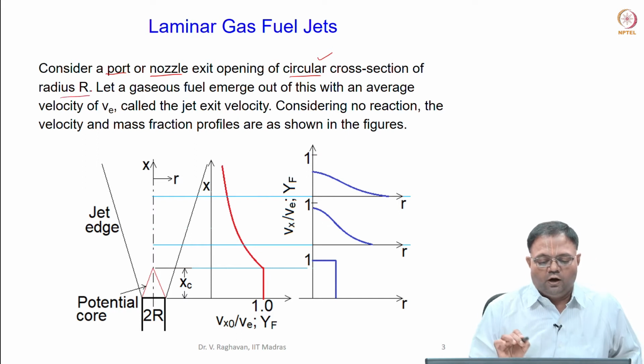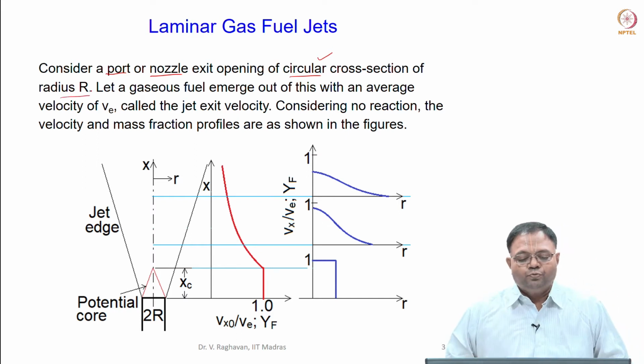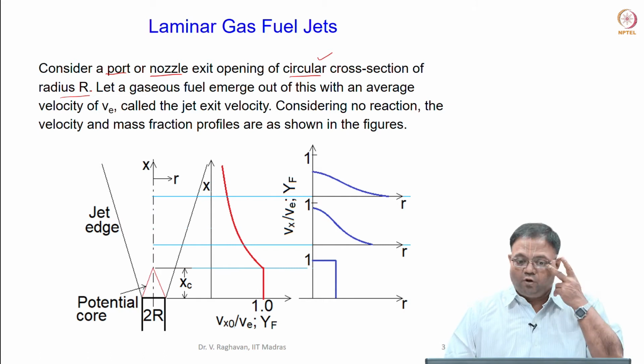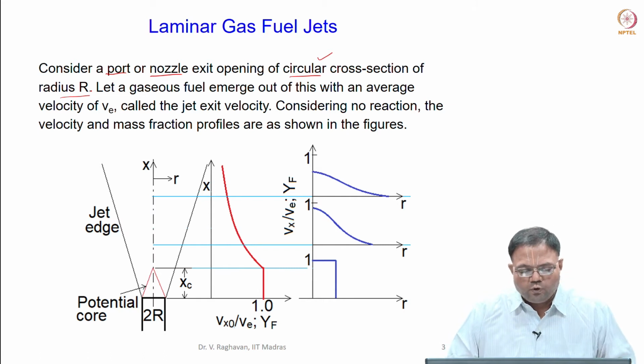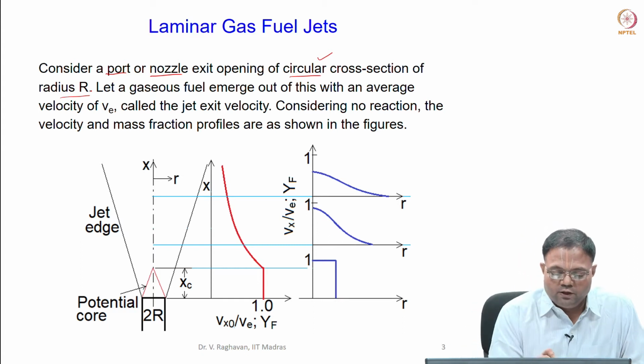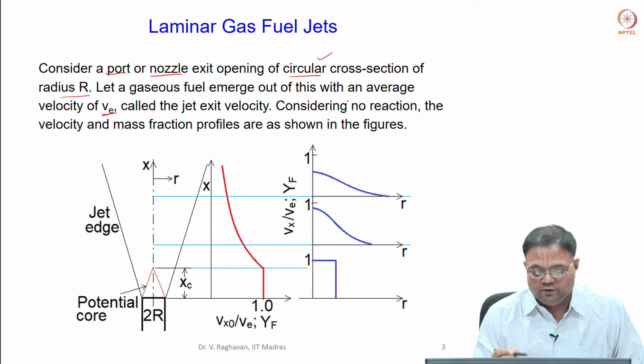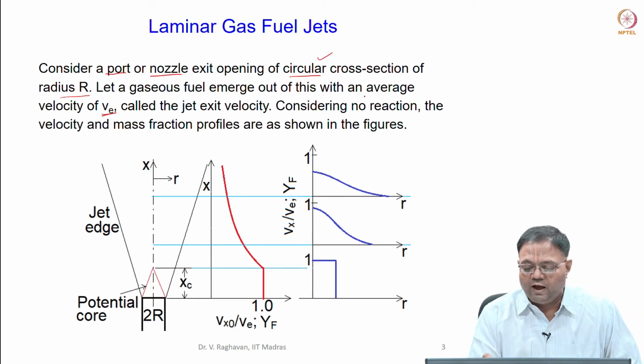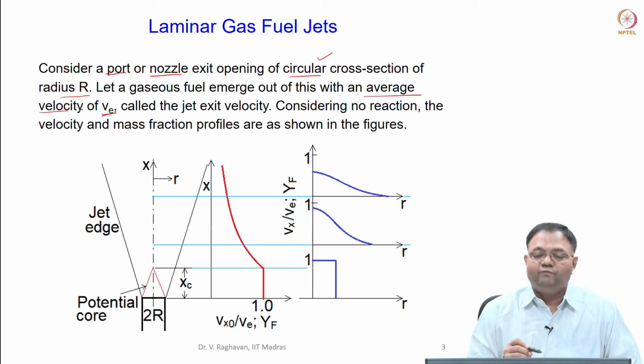Only fuel is coming out, and the velocity at which the fuel comes out is the exit velocity, or the average velocity, VE.